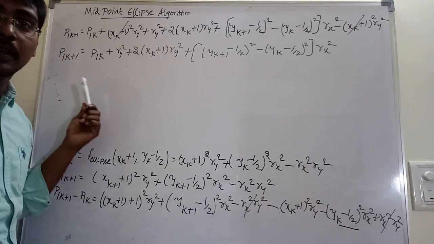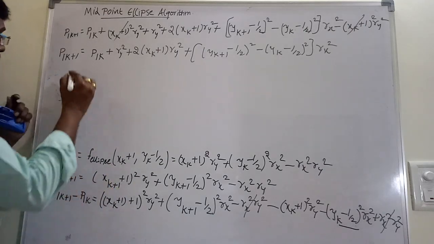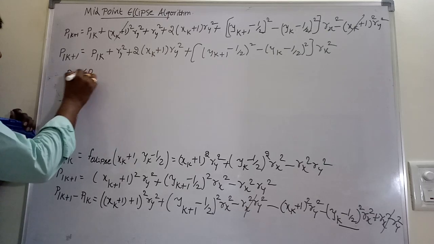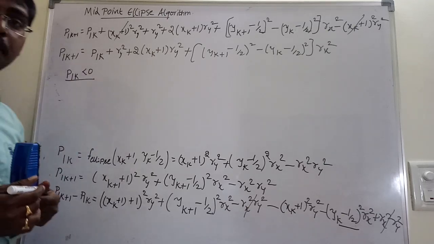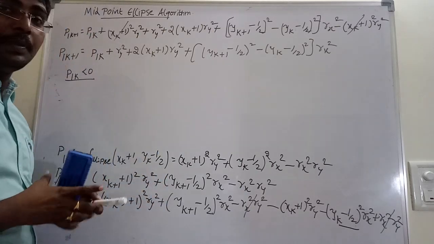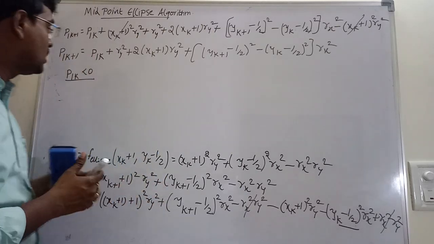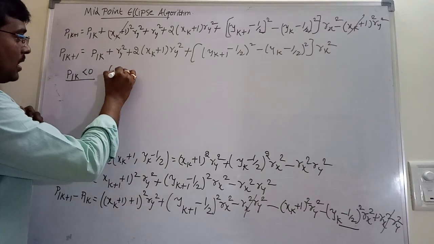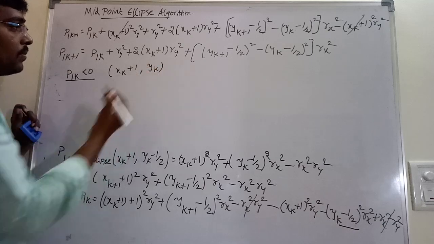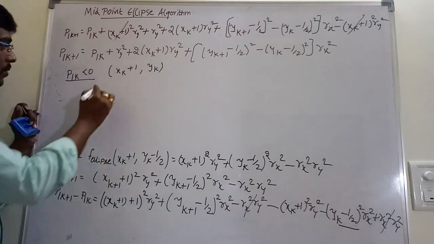After calculating p1k+1, the next procedure is whether p1k is less than 0 or p1k is greater than or equal to 0. Suppose the p1k value is less than 0, means the coordinates are (xk+1, yk).